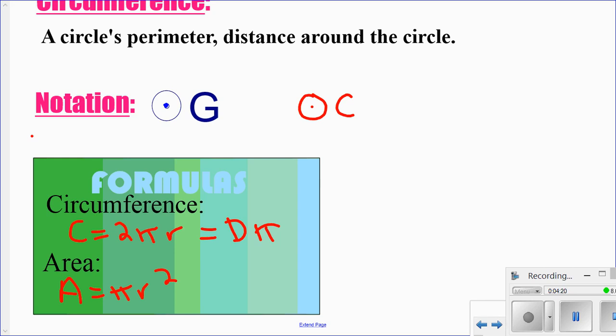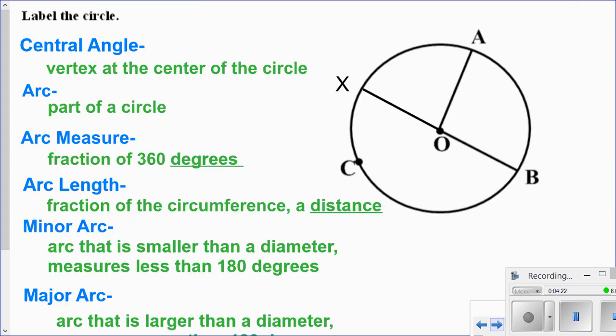Okay, moving on. So some more terminology that we need to discuss. A central angle is an angle whose vertex is at the center of the circle. Looking at this diagram, we can see that O is the center, so we would name this circle O. The central angle is what it sounds like. Central sounds like center. Its vertex is the center of the circle.